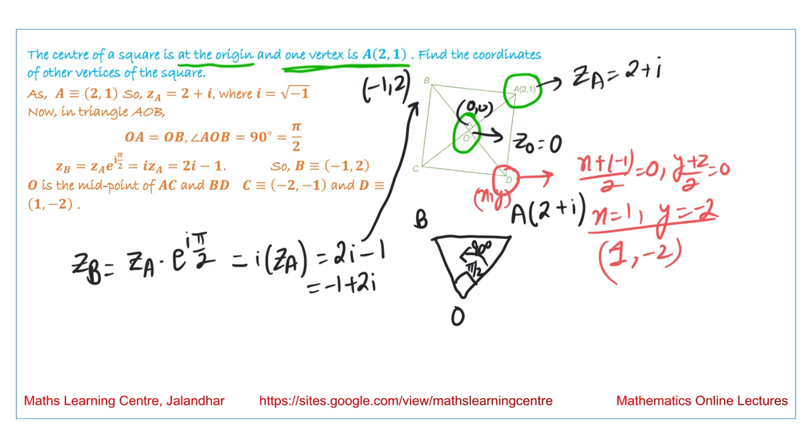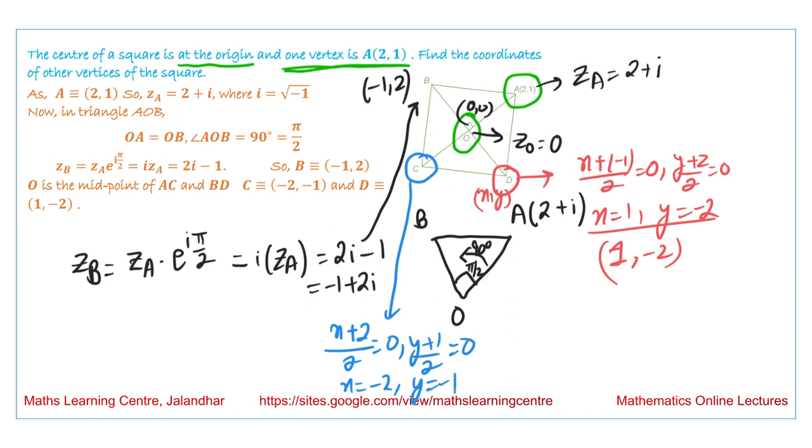To calculate the coordinates of this point C, suppose they are x and y, then we will have x plus 2 by 2 is equal to 0 and y plus 1 by 2 is equal to 0. So x is equal to minus 2 and y is equal to minus 1. So the coordinates of this point C are minus 2 comma minus 1. So these are the coordinates of the points A, B, C and D.